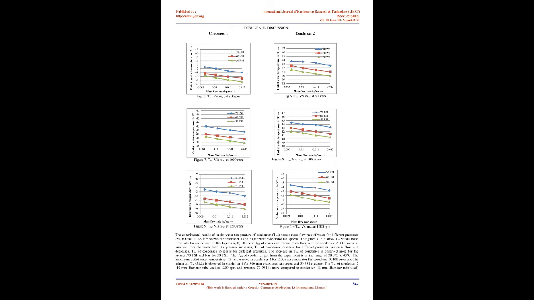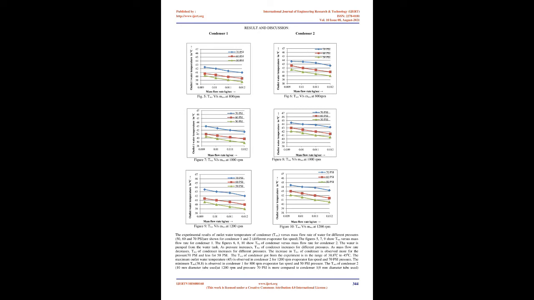The experimental results of outlet water temperature of the condenser, T2, versus mass flow rate of water for different pressures, 50, 60, and 70 psi, are shown for condenser 1 and 2, at different evaporator fan speeds. Figures 5, 7, 9 show T2 versus mass flow rate for condenser 1.